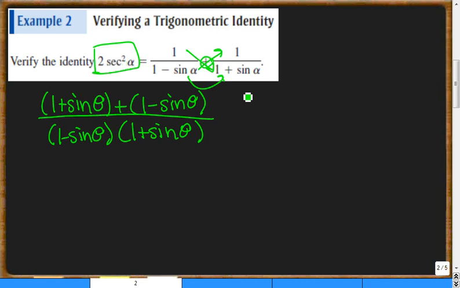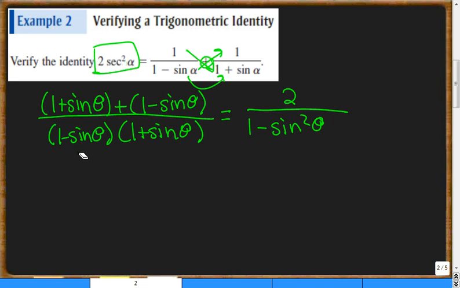So I can further simplify this. The 1's would add up to make a 2, and then I would end up with nothing else, so I would just end up with 2, because the sine of theta and the negative sine of theta would cancel. Well, the bottom, we would multiply this, and this actually factors out to be 1 minus sine squared theta.